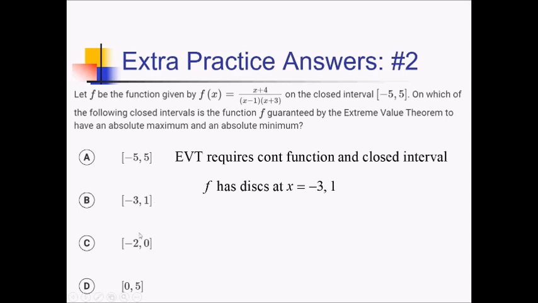Choice C, negative 3 is not in there, neither is 1, so C is looking pretty good so far. And then choice D, 1 is contained between 0 and 5, so that's no good. So out of all of these, only negative 2 to 0 has no discontinuities, so only choice C is going to be guaranteed by the EVT to give us mins and maxes.